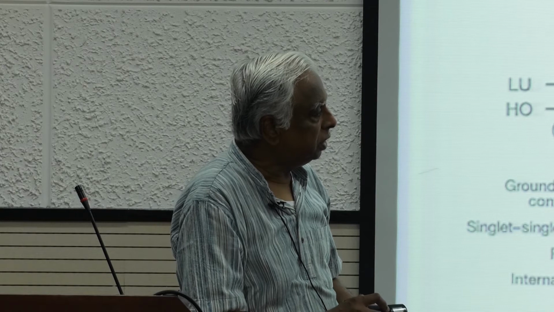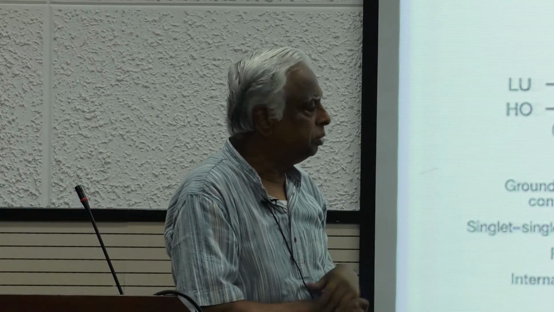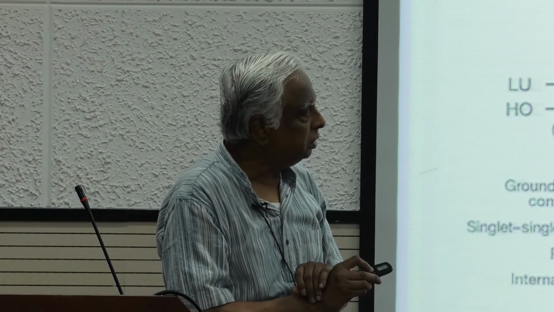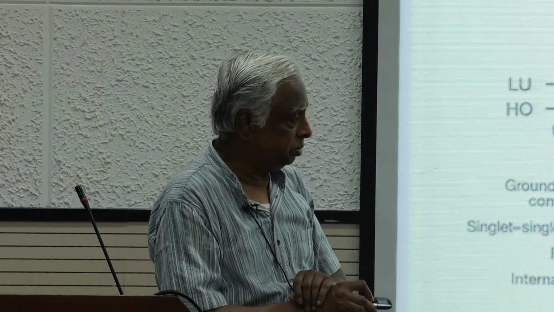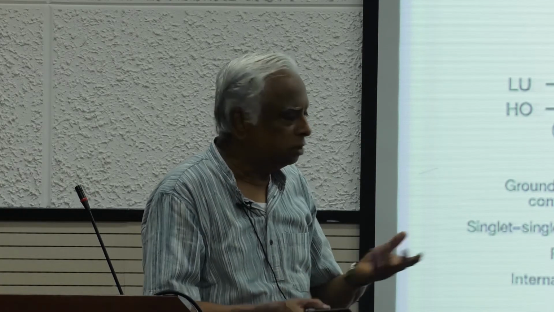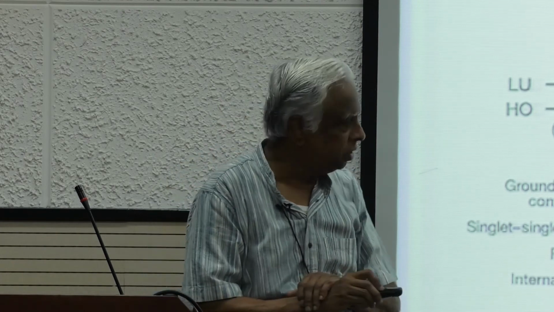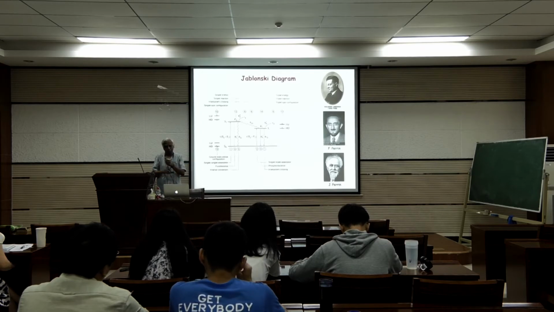These two people also did something similar to this, but the diagram is known by his name, not by these people. This is a father and son who worked together on these things. So for every compound you will have something like this. The numbers are not fixed. It is going to change from compound to compound.